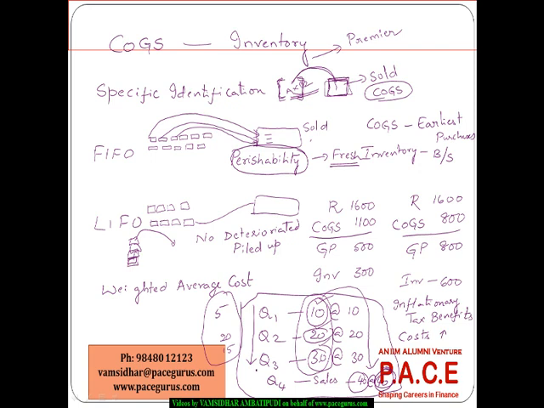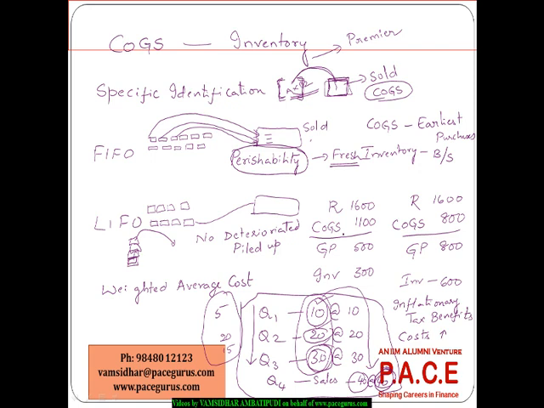So the latest purchased ones will be more expensive compared to the earliest purchased ones. Obviously, when prices are increasing, the cost of goods sold is much higher compared to the usage of FIFO.